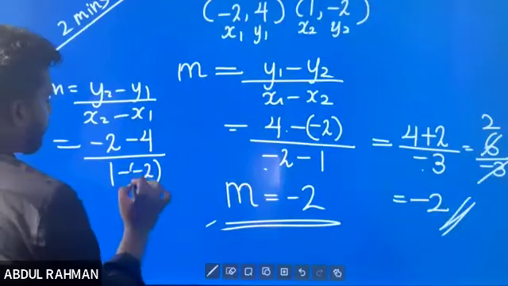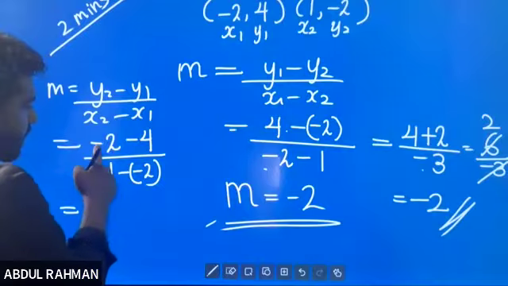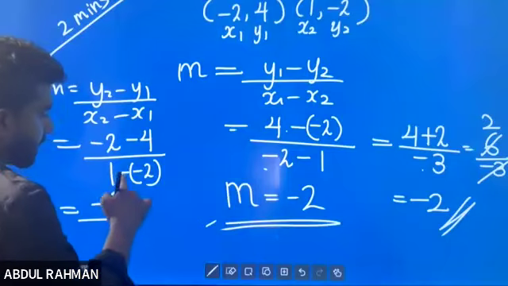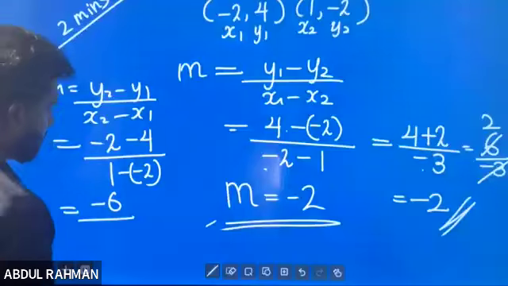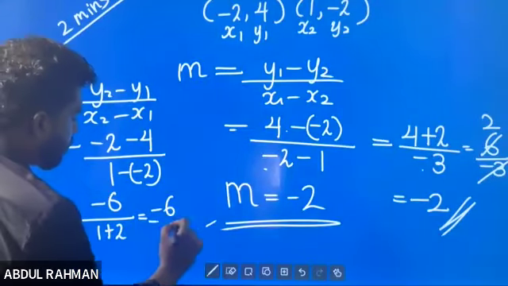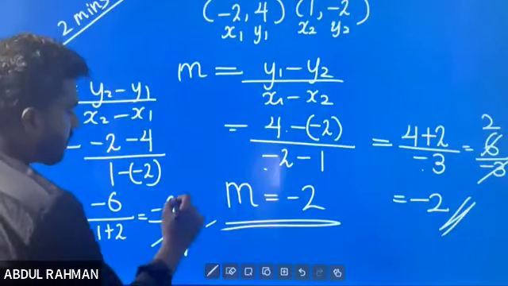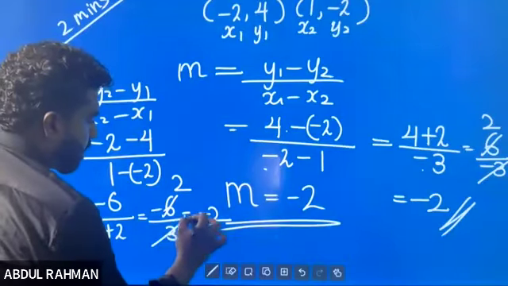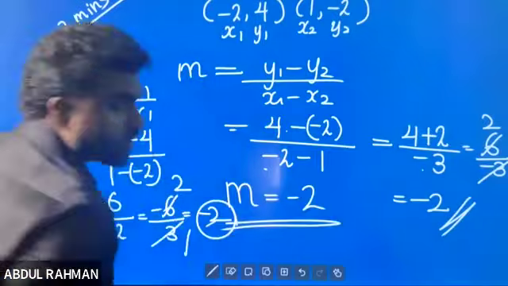Minus 2. Now I need to simplify. Minus 2 minus minus 4 is 2. Minus into minus, what is the answer? Plus. So 1 plus 2 is 3. Then 6 over 3, 3 times 1 and 3 times 2, my answer is 2. Plus into minus, the answer is minus 2. I got the same answer.